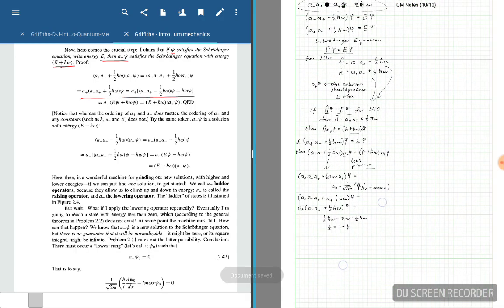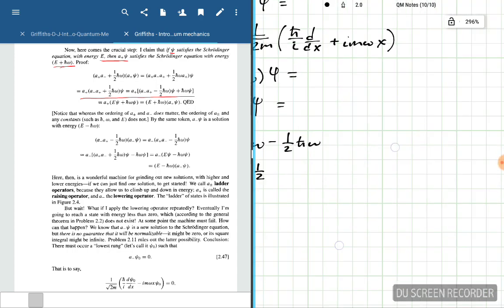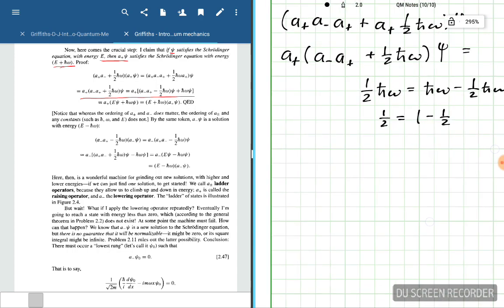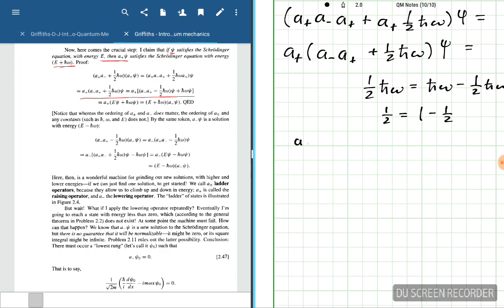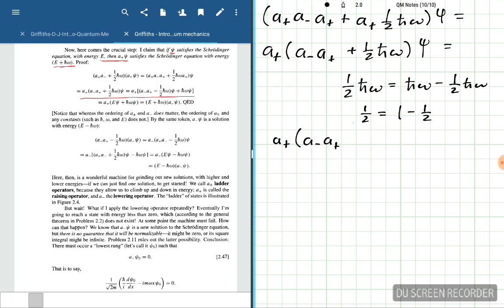So I have a plus times a minus a plus, and now I'm going to say that's minus 1/2 h bar omega plus h bar omega times psi.